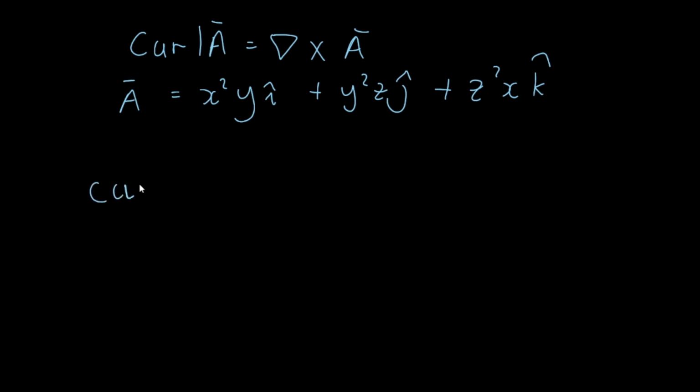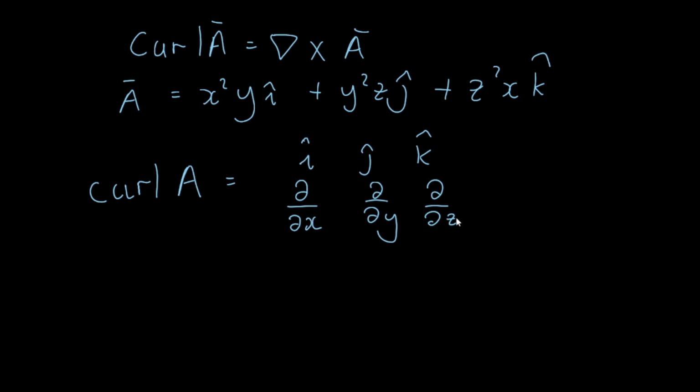So the curl of A is just equal to, we put our determinant i, j, k, and then we write this del operator in the second row: ∂/∂x, ∂/∂y, and ∂/∂z. And in the third row, we write our vector. So we have x squared y, y squared z, and z squared x.